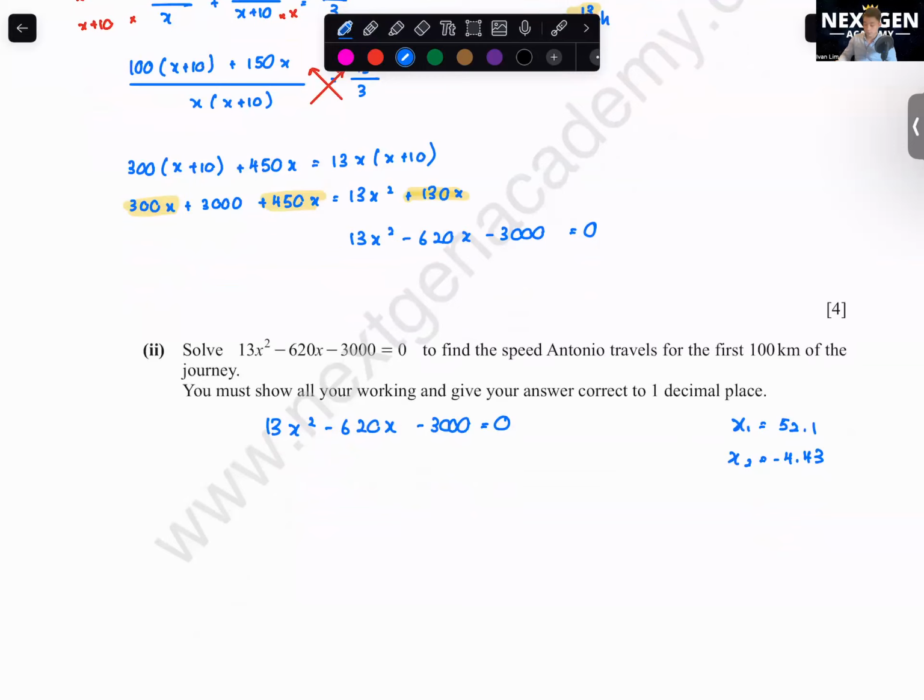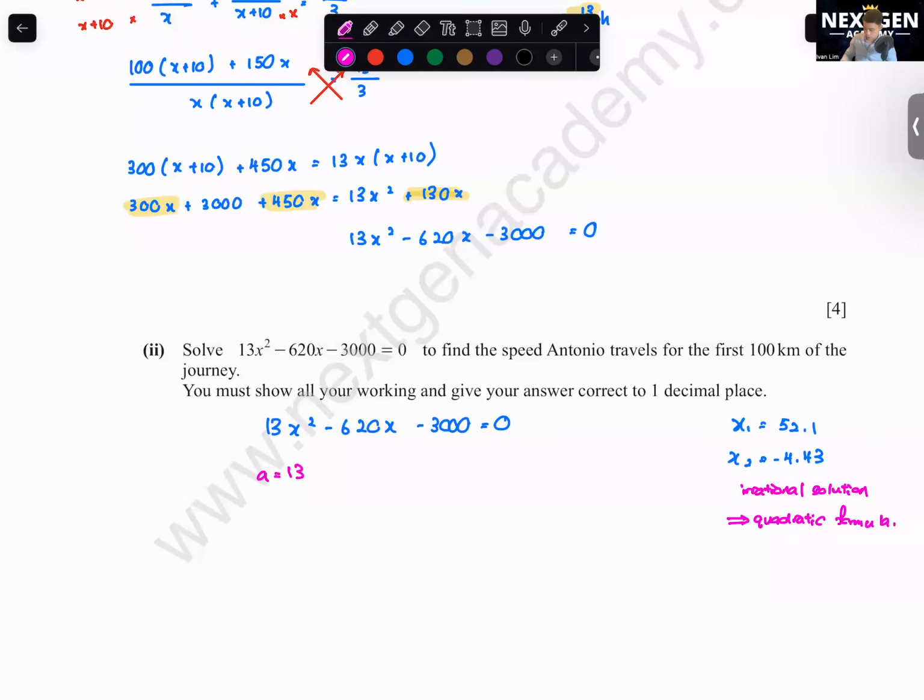When you see this kind of irrational solution, what is the method that we're going to use? When we solve a quadratic, an irrational solution means we use the quadratic formula.